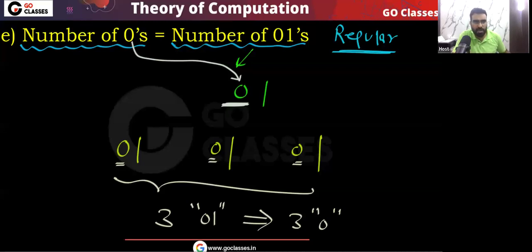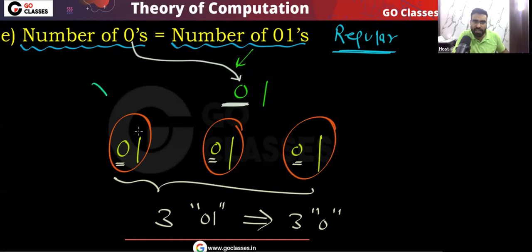And how many zeros do we want in the question? That should be equal to the number of 01. So can I put another extra zero? No. Remember, if n copies of 01 are coming, then automatically n zeros are already coming.